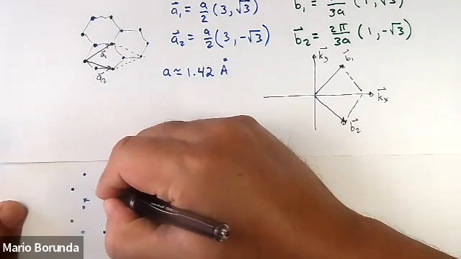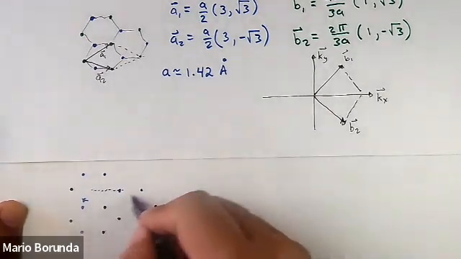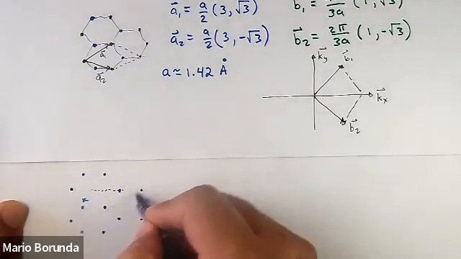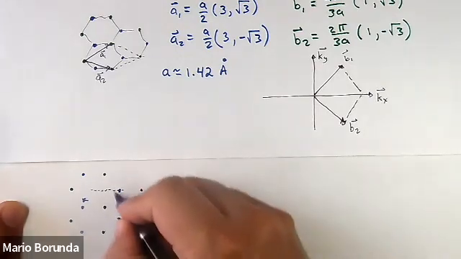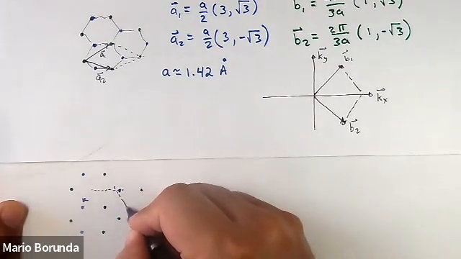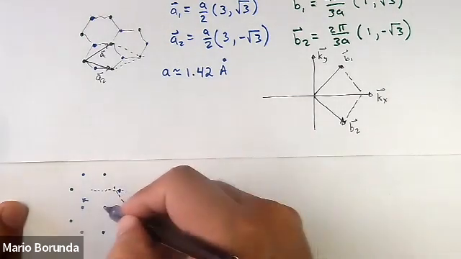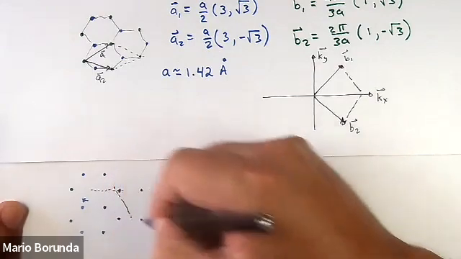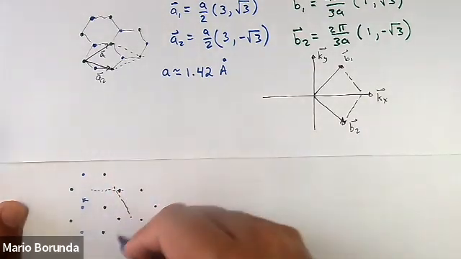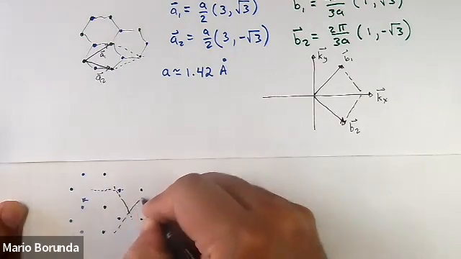That halfway point is gonna take me through here. Now if I do it between this one and this one, I think that my halfway point takes me through here. If I do the same for these two, my halfway point is gonna take me through here.